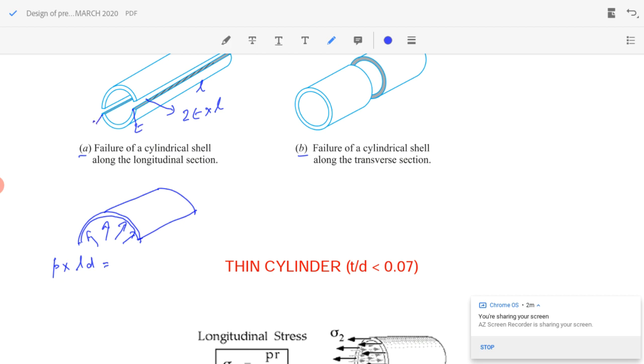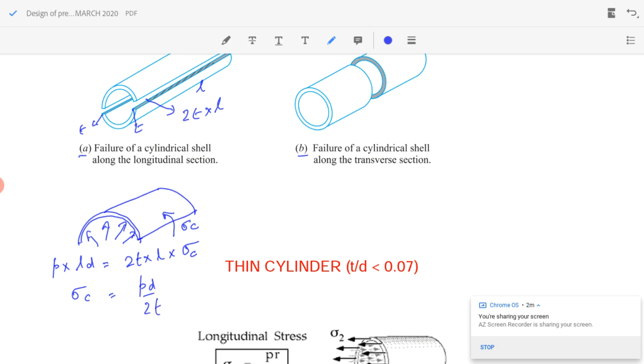There is thickness on two sides, so 2T into L. That area is multiplied by the stress. Since the stress is acting along the circumference, it is denoted by sigma c, the circumferential stress. So circumferential stress sigma c equals P D by 2T.